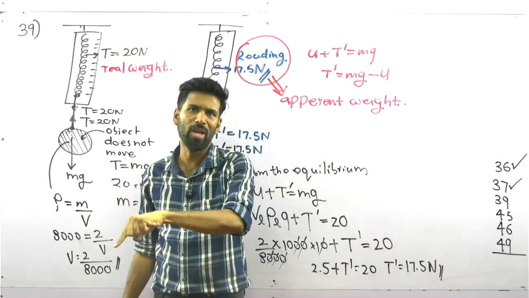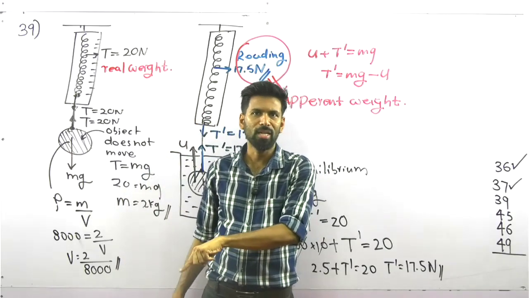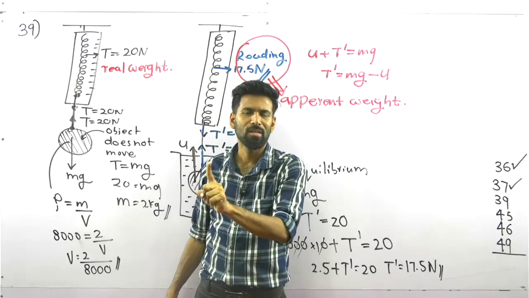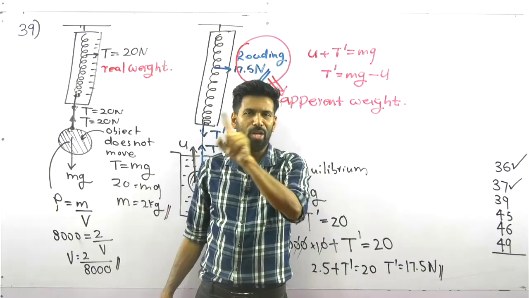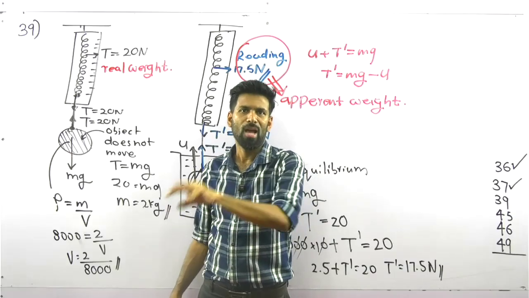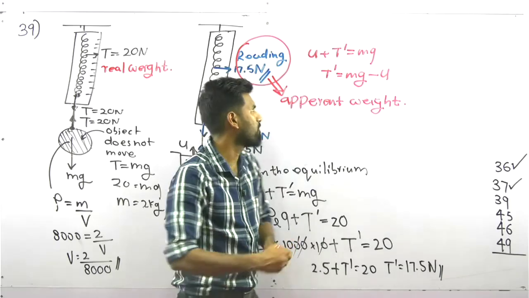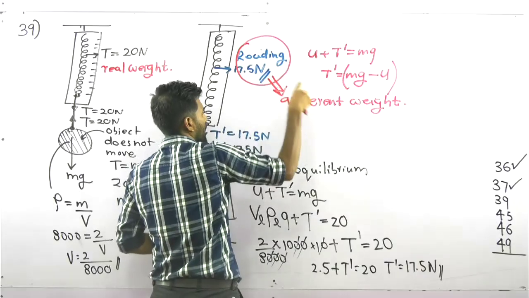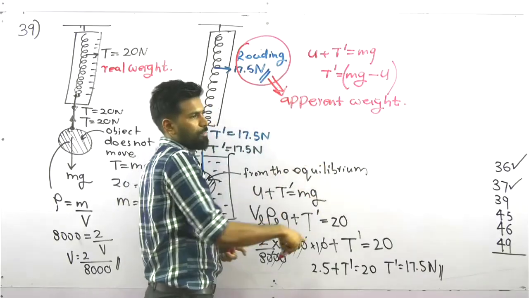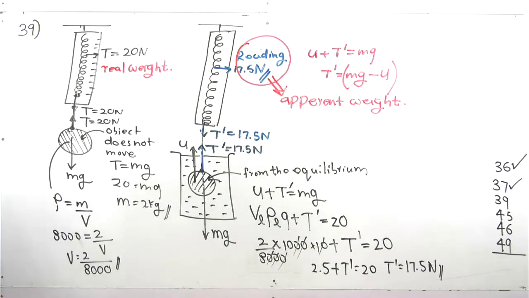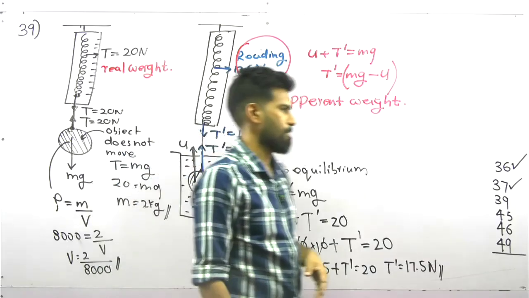Normally tension is equal to weight in the normal layer. But here upthrust plus tension is mg, so tension is mg minus upthrust. That mg minus upthrust, the tension, the reading, is known as apparent weight. Note down that.